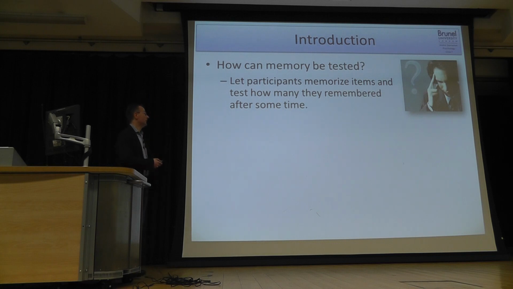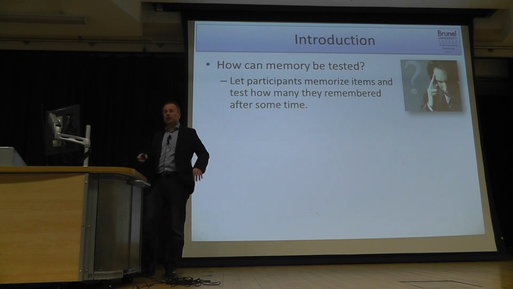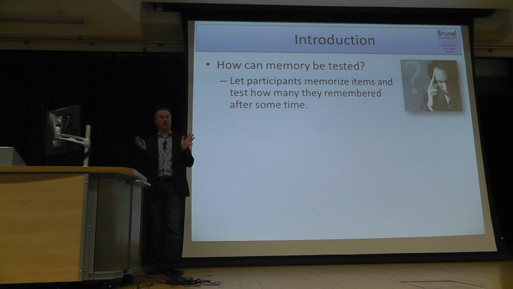Quite a few of you worked with memory paradigms. So one approach is we let participants just memorize items, can be words, pictures, whatever, and after some time we test how many they remembered. Now, that is the very basic paradigm and idea of how to test for memory.